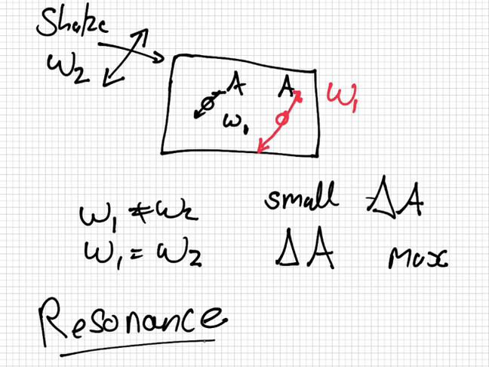So we'll say the period, big T, is 0.5. Every half a second I hit the ground. Frequency is 1 over T, which here equals 2.